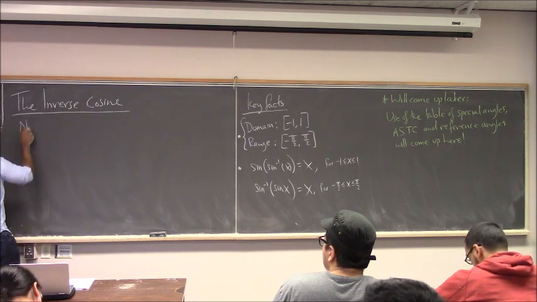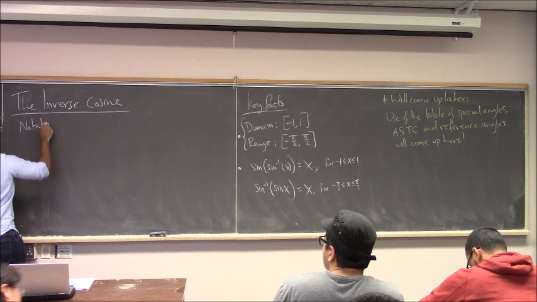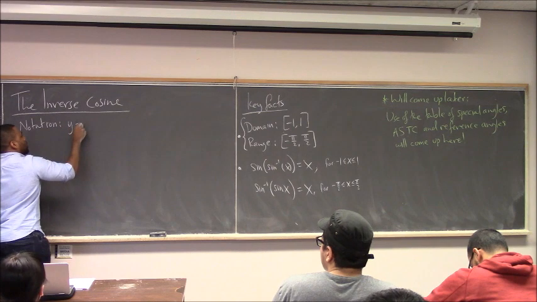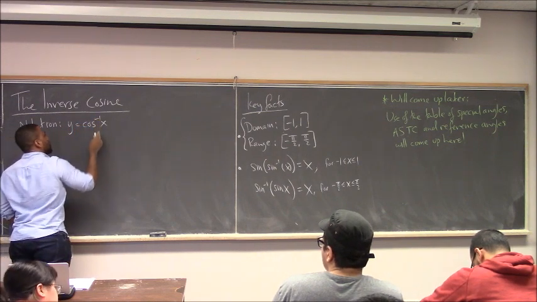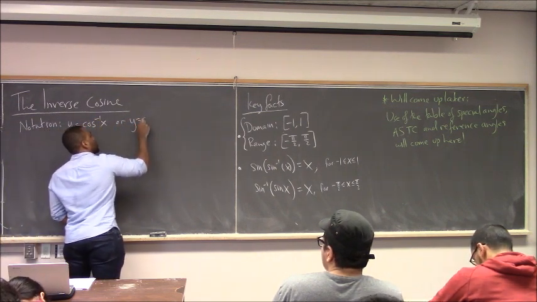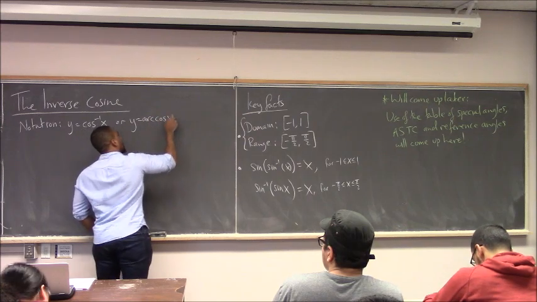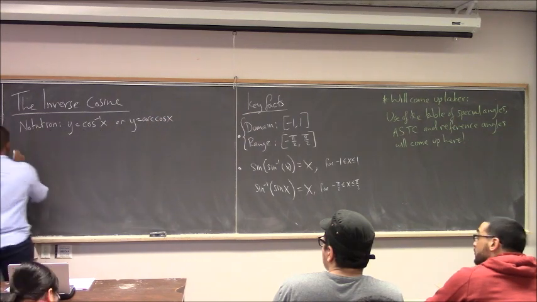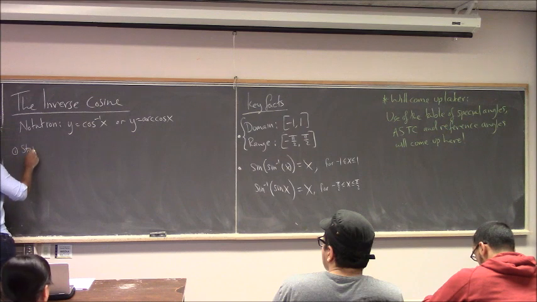So again, here's the notation. We'll get y equals cosine inverse of x, or y equals arc cosine. As always, we're going to start with cosine.